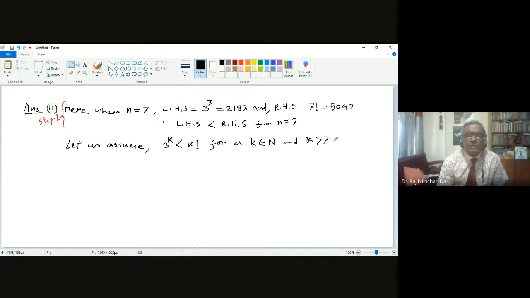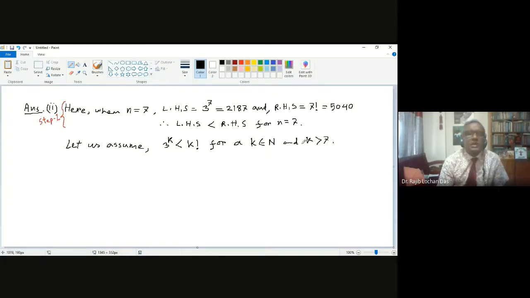So more than 7, any natural number can be there, maybe 50, maybe 700, maybe 9400, we do not know. We are assuming some number k, and that will be fine with the theory.